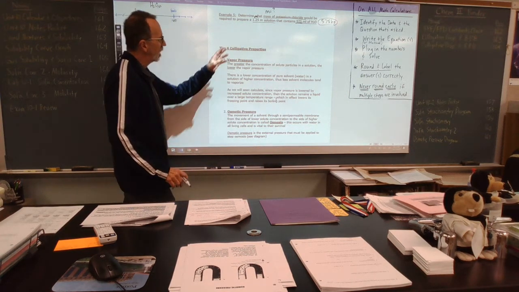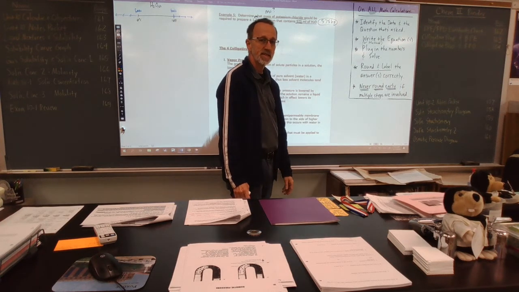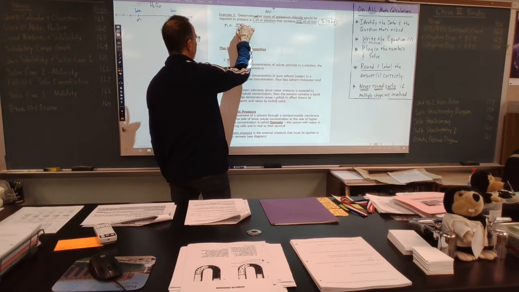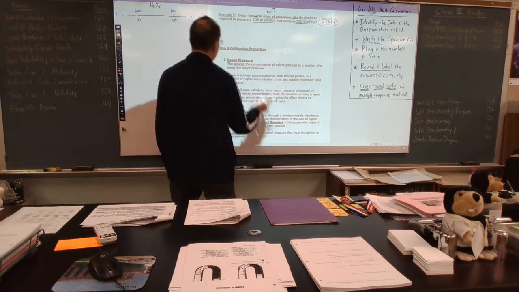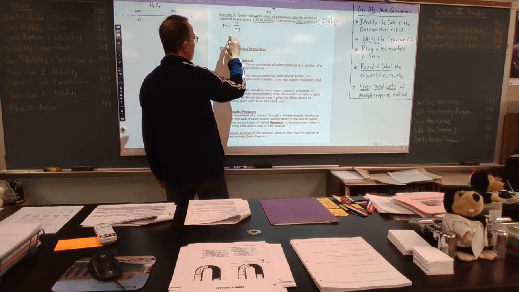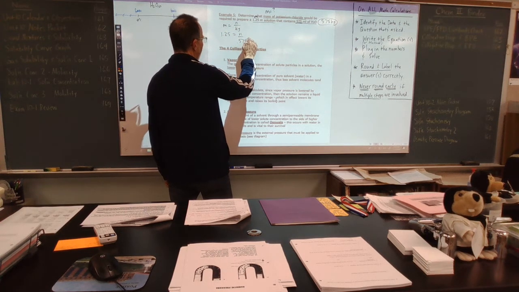So here we're given the molality and the kilograms, so what's missing is the moles. So with this one, we're going to start with the molality equation, which is m equals moles over kilograms. So we have 1.25 equals n over 0.575.